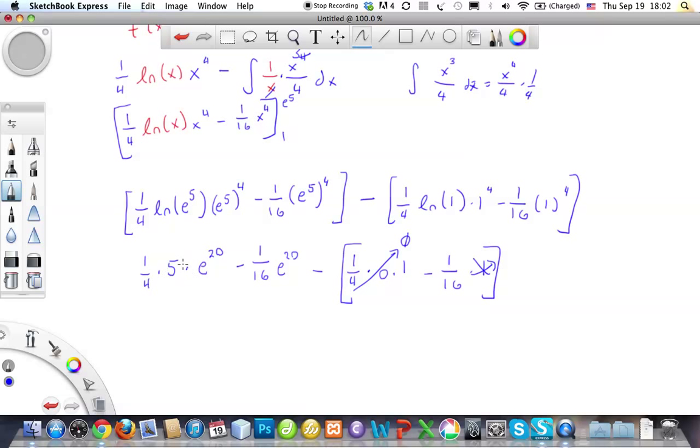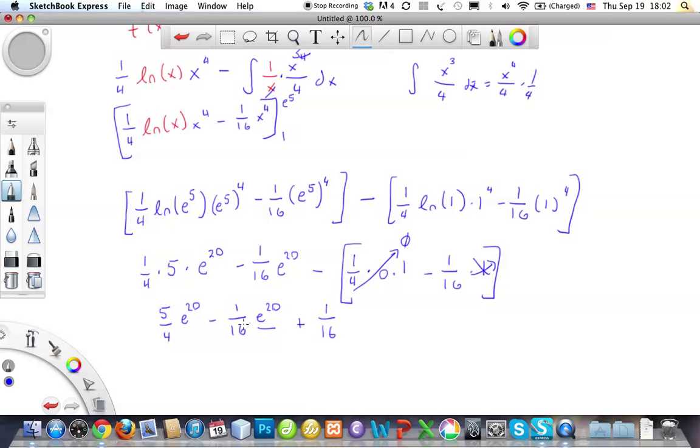Alright, so we've got to simplify some more. We get 5 fourths e to the 20th minus 1 over 16 e to the 20th, plus 1 over 16 at the end here.